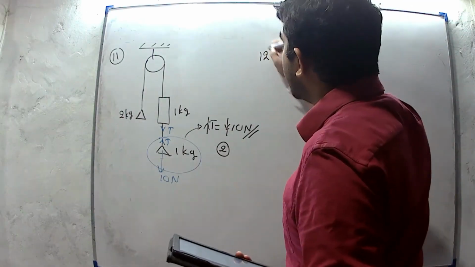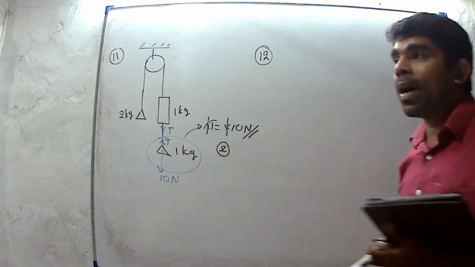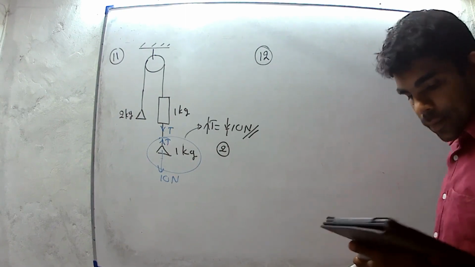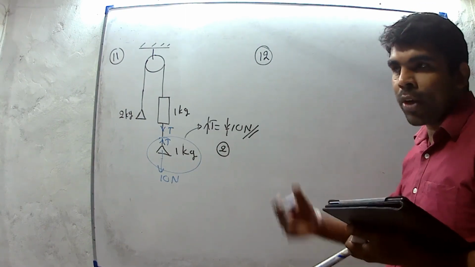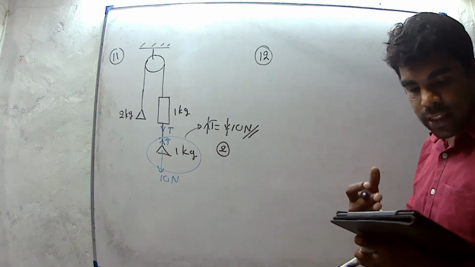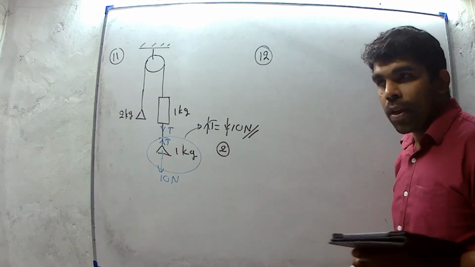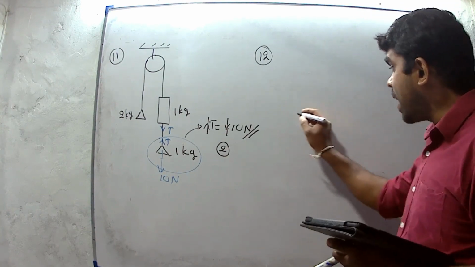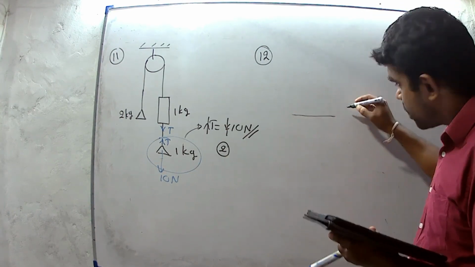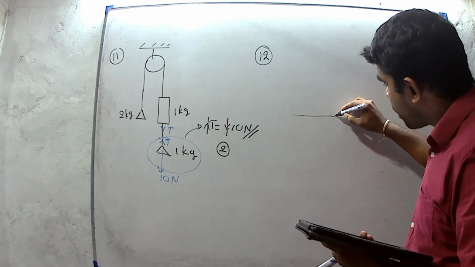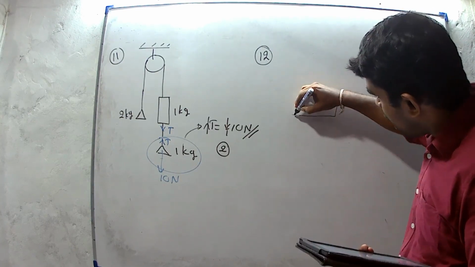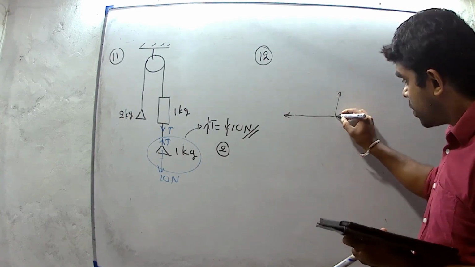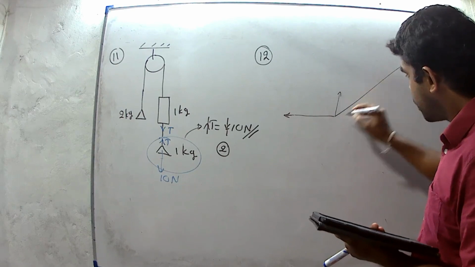I will try to explain by using a diagram, but sometimes we will not be able to get the correct answer for this question because we have to consider the original diagram in the paper. This one is a copy. Sometimes it will not give the correct answer.